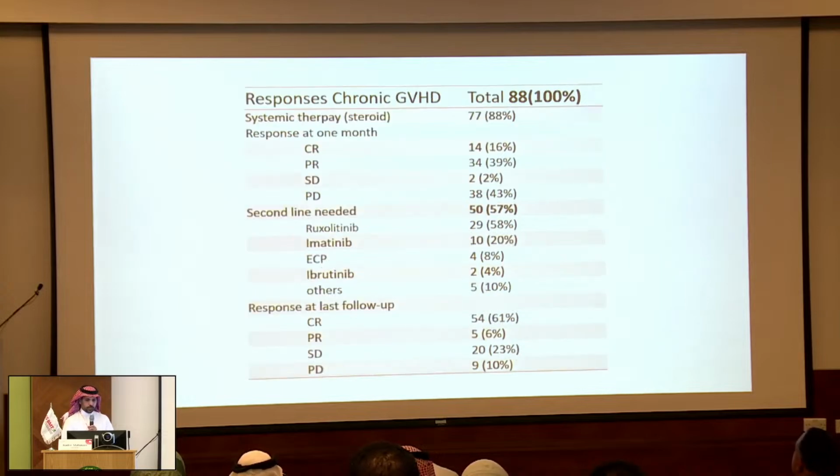In terms of responses for chronic, systemic steroid was actually initiated in 88% of patients at one point. And the response at 1 month from the initiation of steroid, as you can see, 16% achieve CR, while 39% achieve partial remission, and 43% have a form of progressive disease.